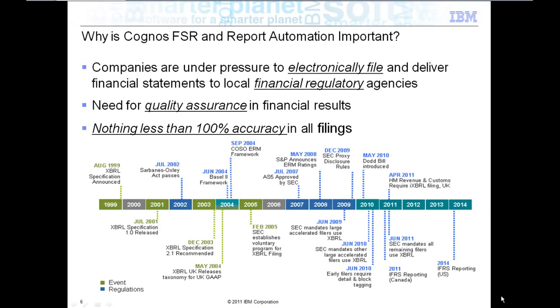And it came to the SEC, and was approved specifically basically going to market around 2009. There was a voluntary program that the SEC did establish going back to 2005, but effectively the majority of organizations would have to start dealing with this in the time frame of 2009 and moving forward.